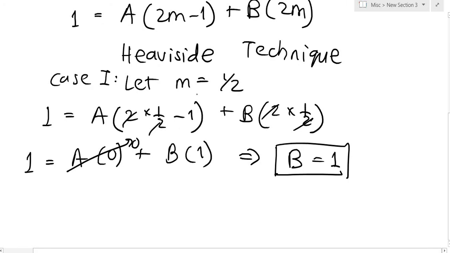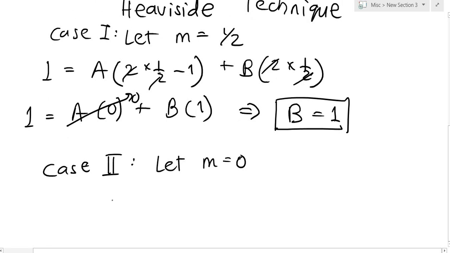For case 1 we chose a value of m such that the term being multiplied with the a disappeared, right? So for case 2 we do a similar approach, but we want to get rid of the term being multiplied with the b. So we let m equal 0, because when we plug in m equals 0, 2 times 0 is 0, and then b times 0 is 0, so this term will just disappear. So let's do that.